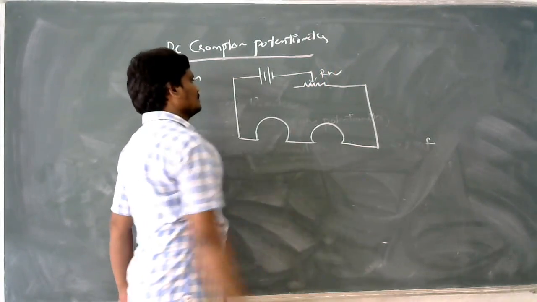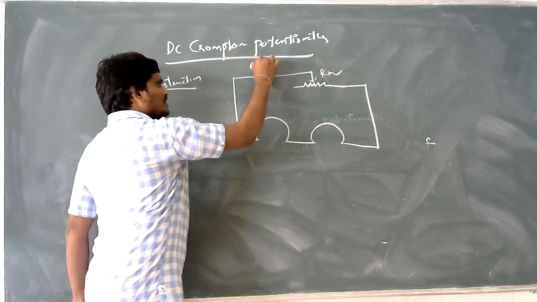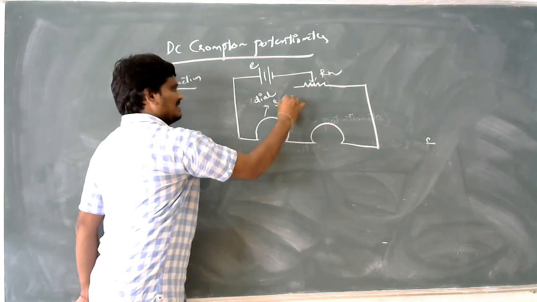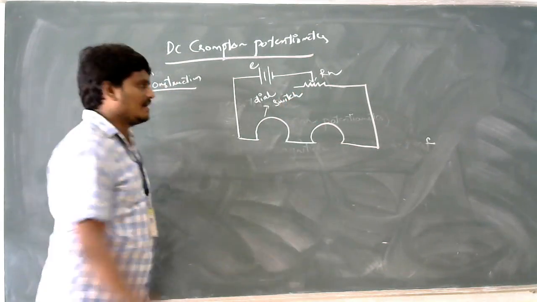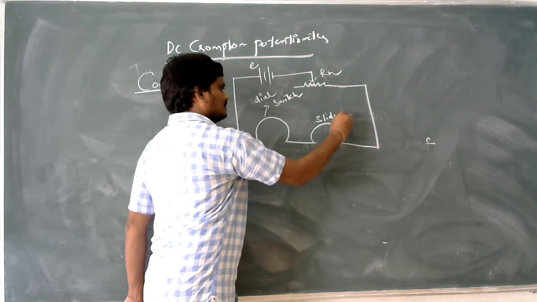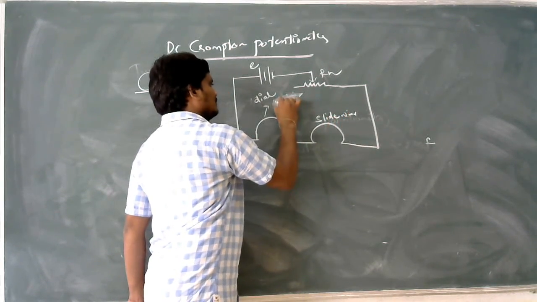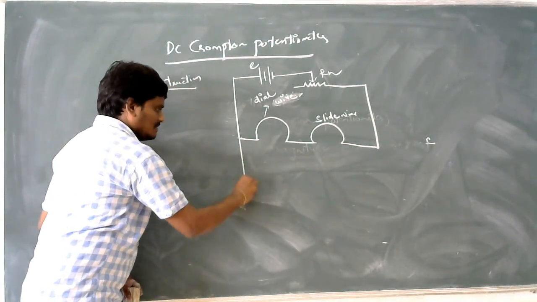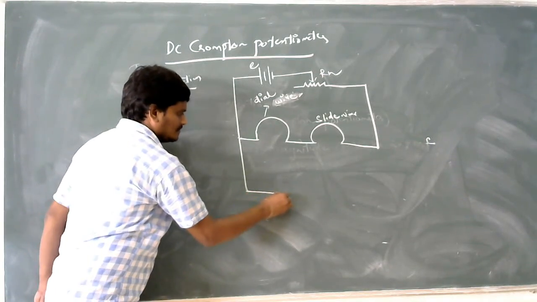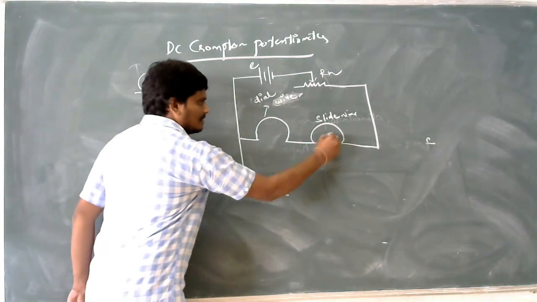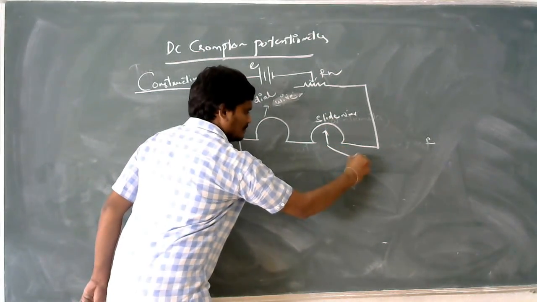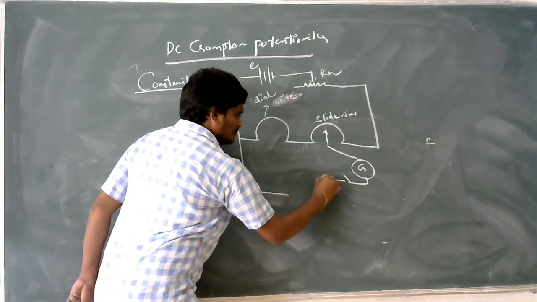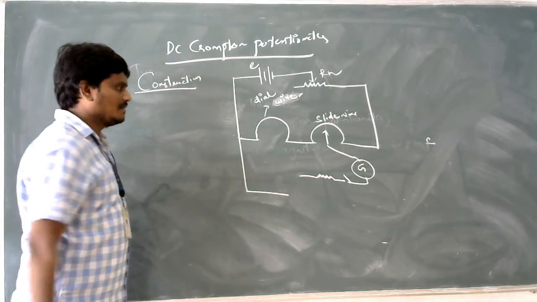Rheostat, and the unknown EMF which is to be measured. This is a dial switch, and this is a slide wire. Along with this, it consists of one more component, the galvanometer, where the galvanometer is connected to a protective device, that is a protective resistance.